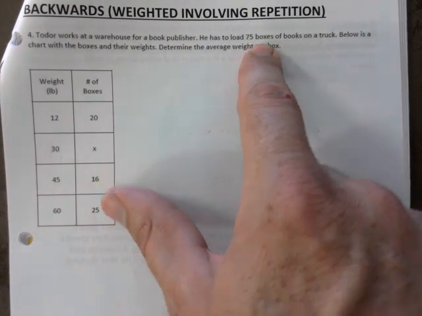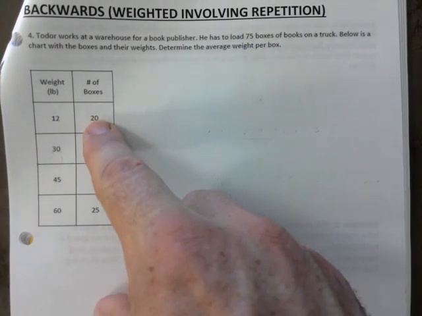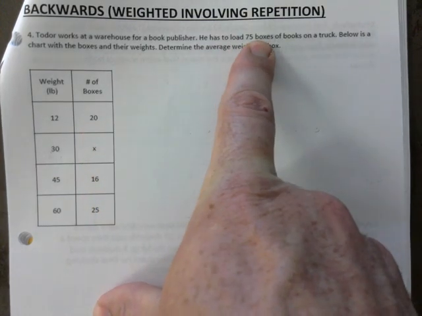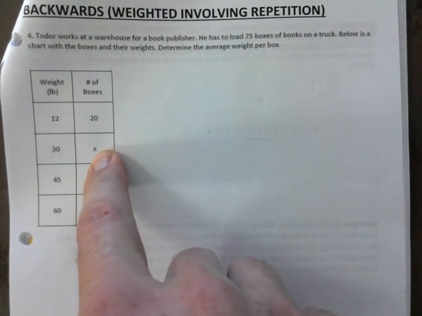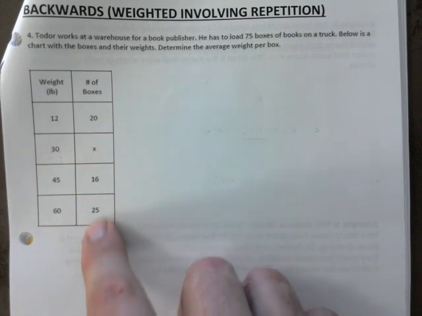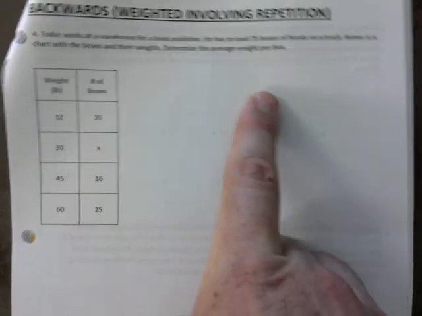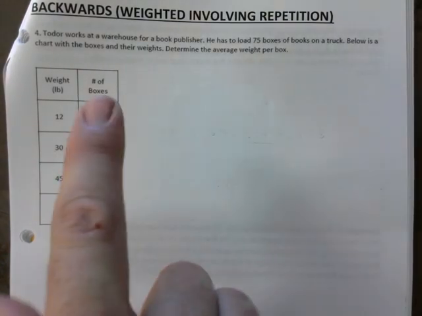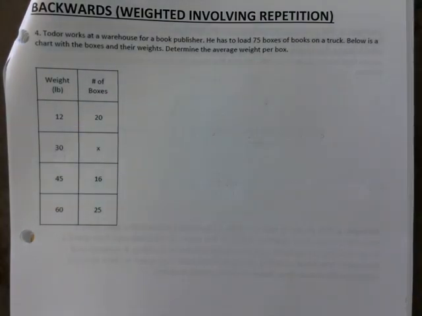But you know how many boxes there are. This should add up to 75, right? The number of boxes. Okay. So figure out how many boxes you would need here to have a 75 sum. And then figure out the weighted mean, which is the average weight per box. So it just added a little twist. I'm going to highlight this part.